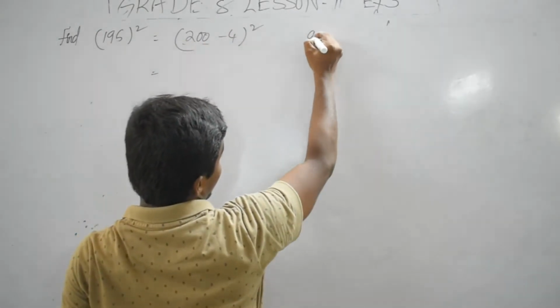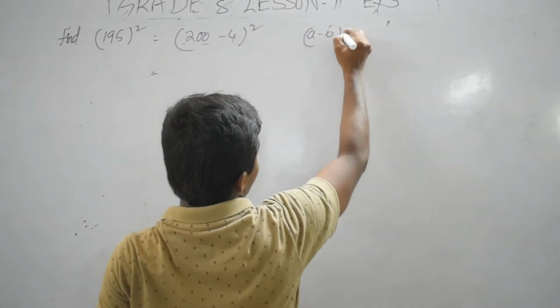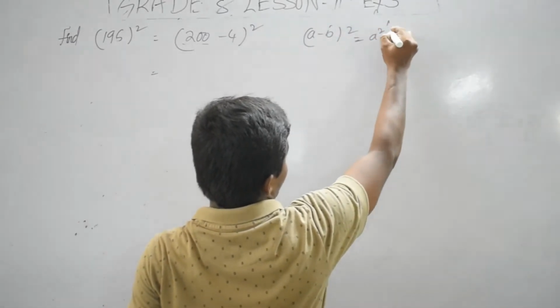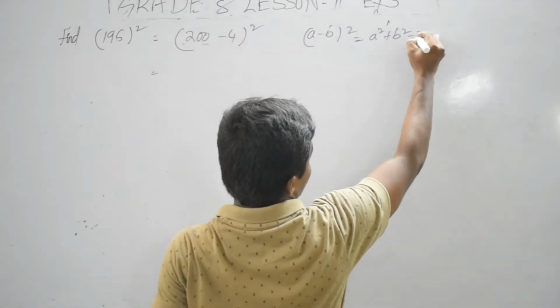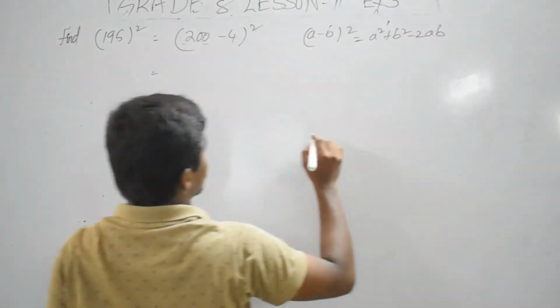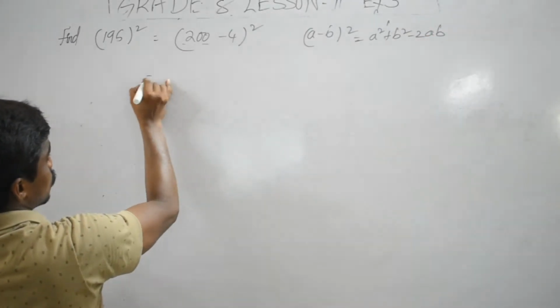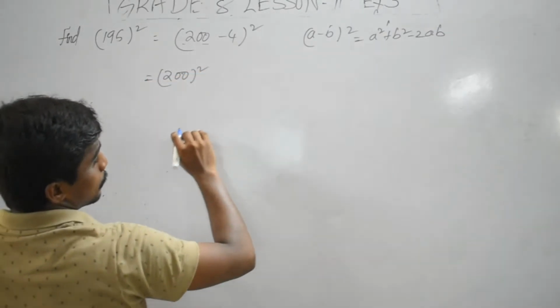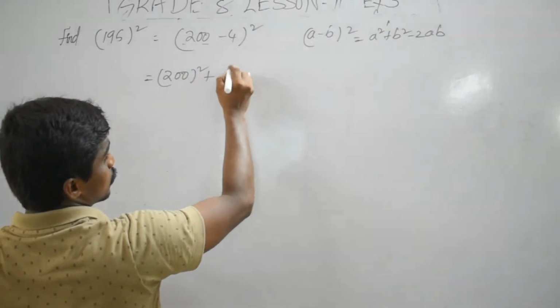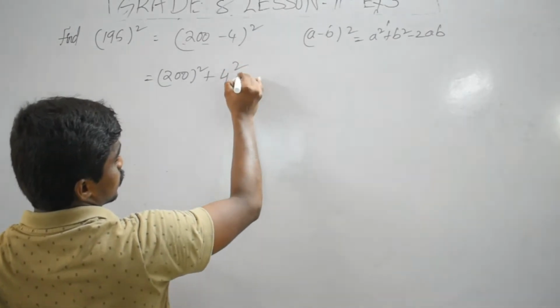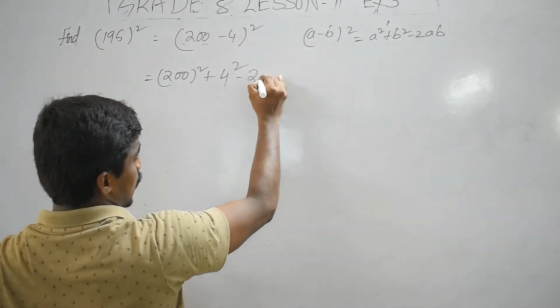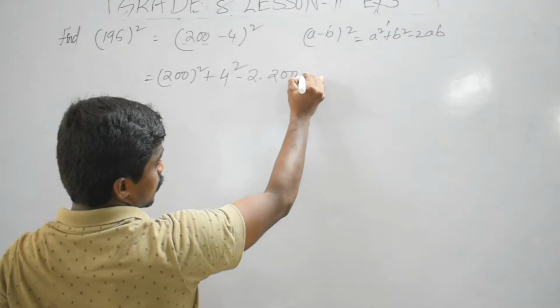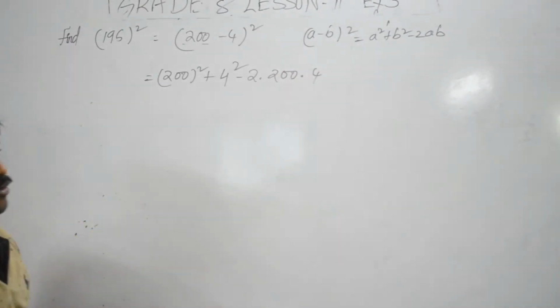So the identity (a minus b) whole square is a square plus b square minus 2ab. So a square value 200 square, plus b square value 4 square, minus 2 times 200 times 4.